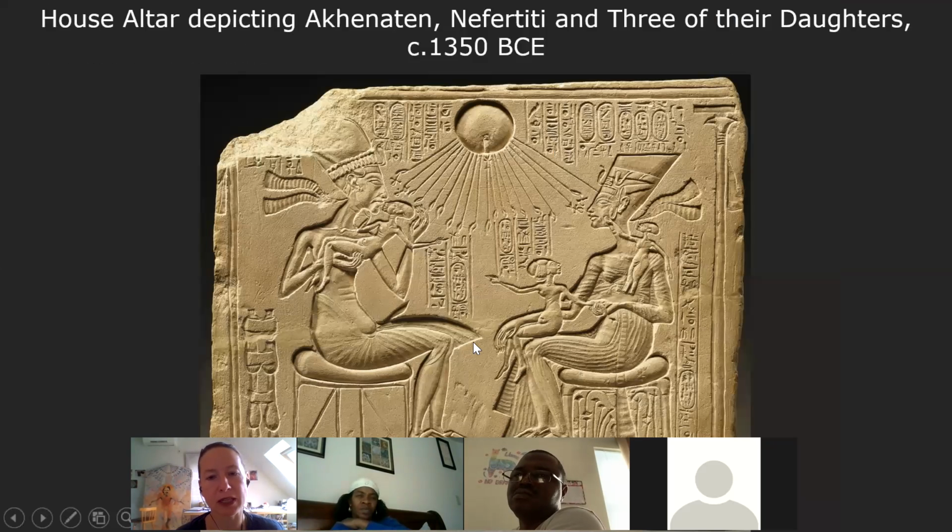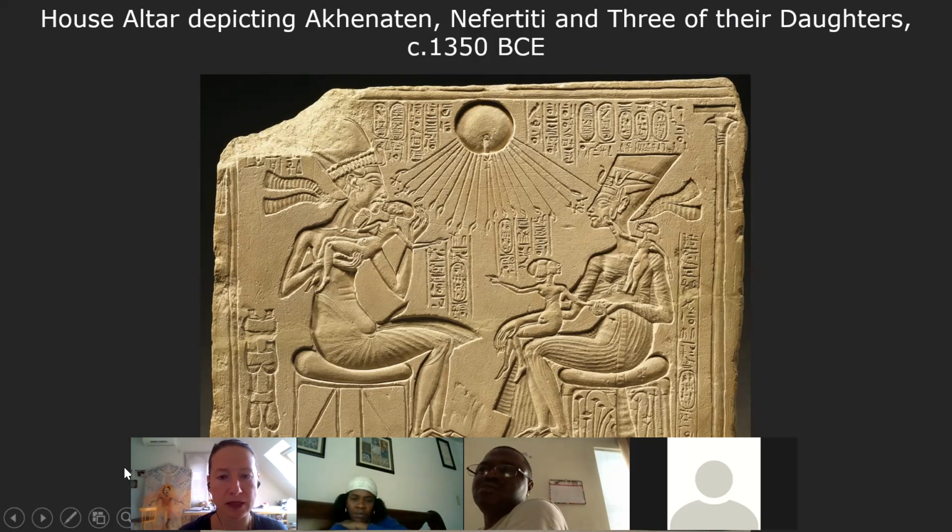His wife was Nefertiti. You can see them here in the house altar that's depicting Akhenaten and Nefertiti, but also he changed Egyptian culture from many gods to one god. He changed it to Aten, and Aten, the sun in the center, is depicted by the sphere.